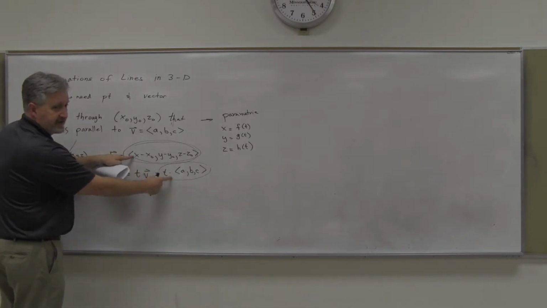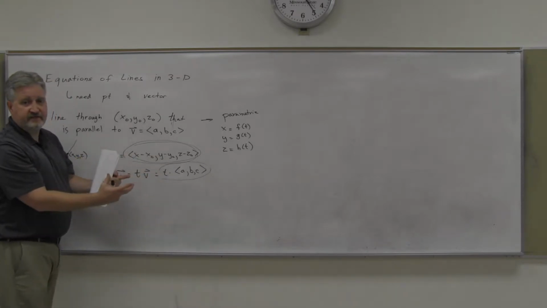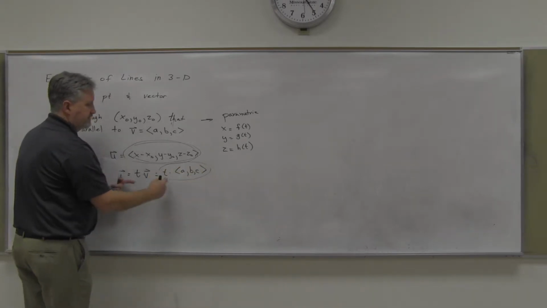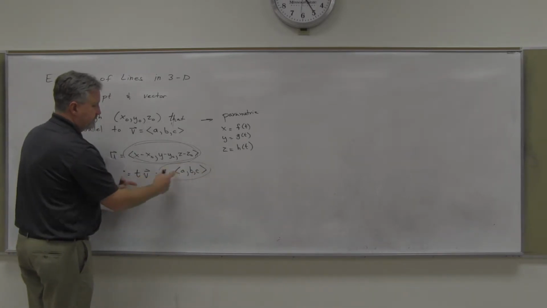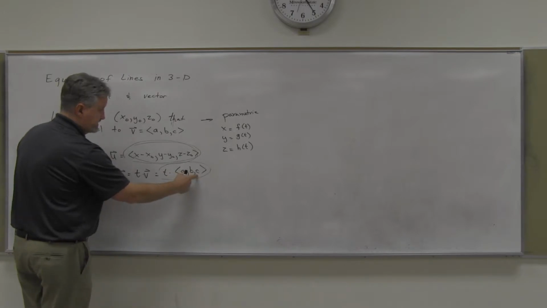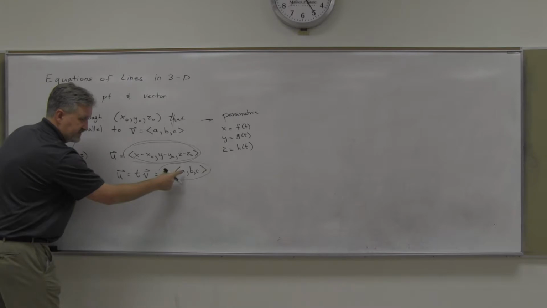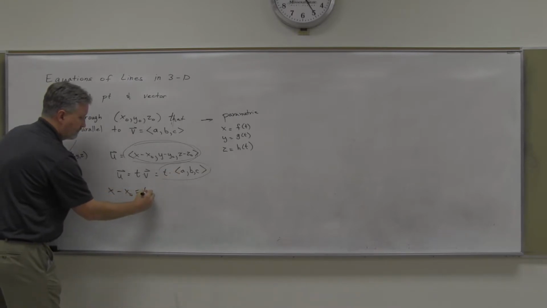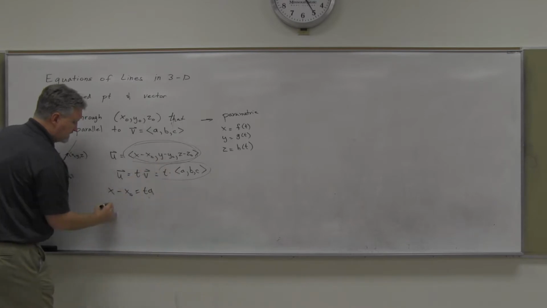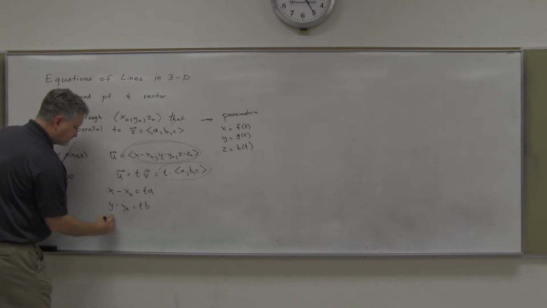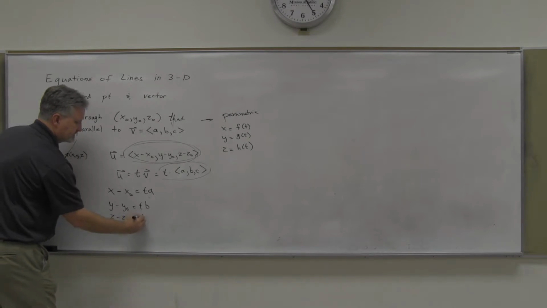If this equals that, then their components have to be equal. If one vector equals another vector, their components have to be equal. And so I'm not going to go ahead and distribute that in, but this would be tA, tB, and tC. So we have x minus x0, this component equals tA. Y minus y0 equals tB. And then z minus z0 equals tC.